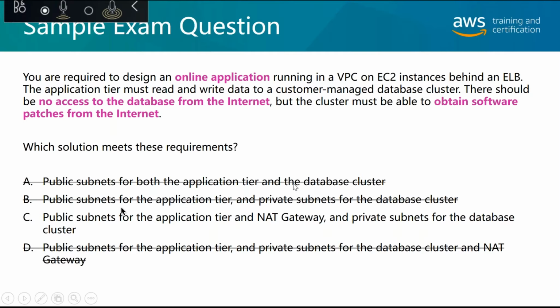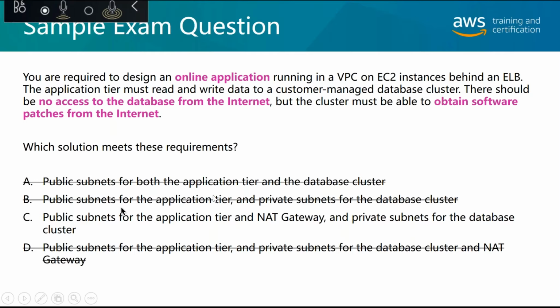Right away, public subnet for the database tier is a no-no. The second one says public subnet for app tier and private subnet for database tier. But we specifically tell you that there should be no access to the database, and that the online application is sitting behind an ELB, and we just want to be able to go out to do some software patch updates.